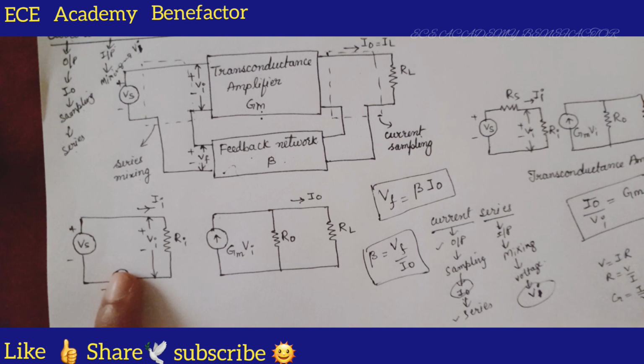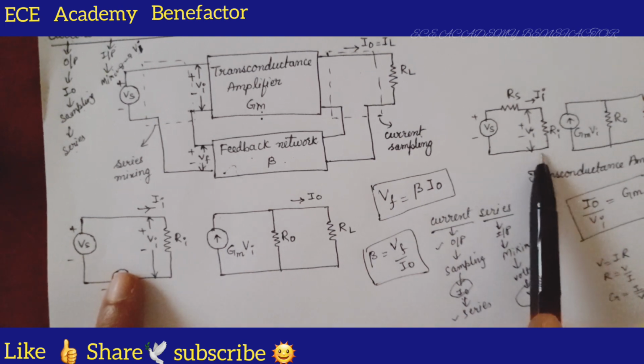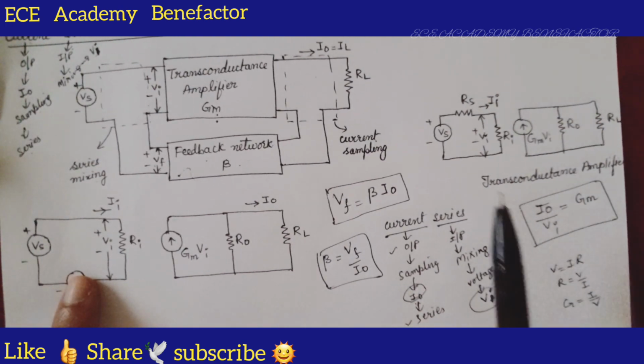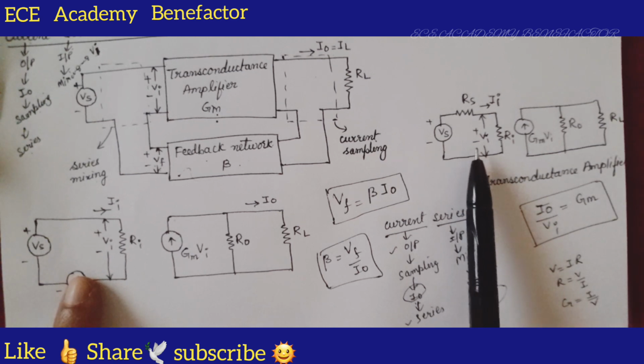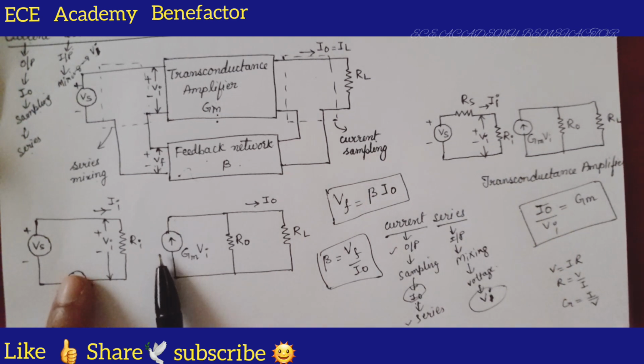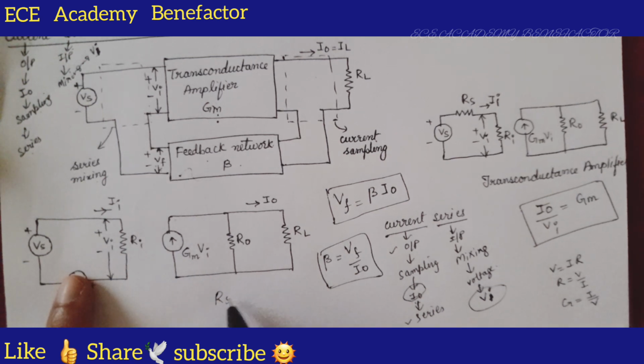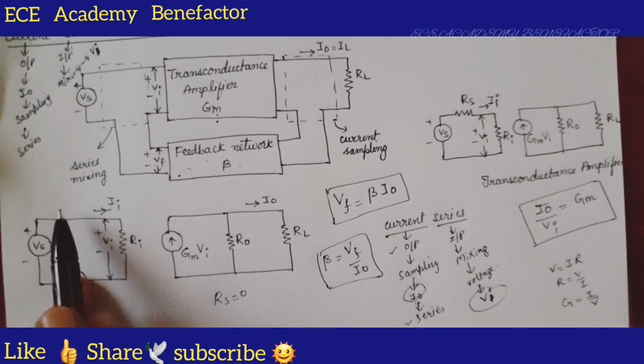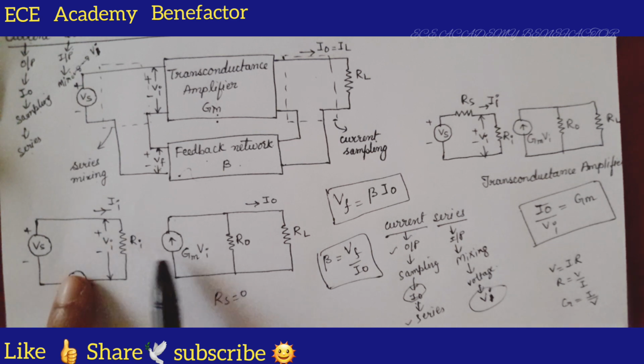So without this, this is a transresistance amplifier, which we have drawn here. The same diagram I have drawn here. Vs, I have made the source resistance negligible, so Rs is removed here. Ri, GMVI, R0, RL.